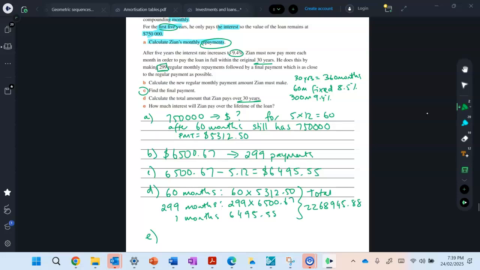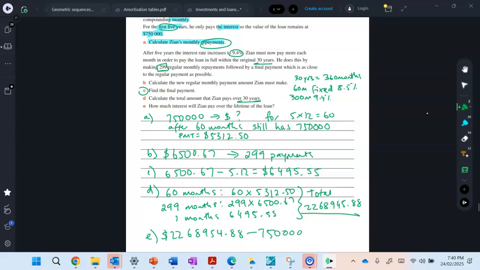How much interest will Zion pay over the lifetime of the loan? So he's paid this much in total. That's how much he paid. So if you picture him constantly taking money out of his pocket, that's how much he's taken out of his pocket. He had very big pockets and had all this money in his pockets. But he was loaned $750,000 from the bank.